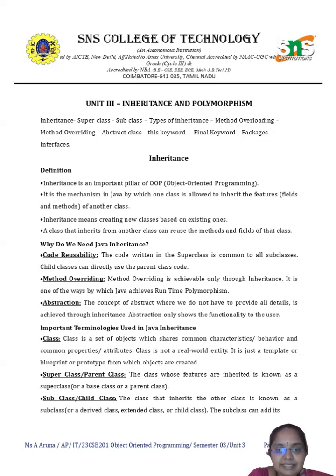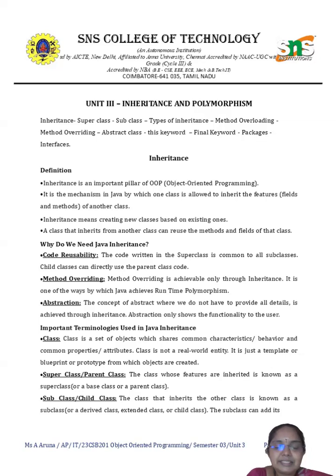Overriding is only achievable through inheritance, and it is one of the ways by which Java achieves runtime polymorphism. For achieving runtime polymorphism, we use overriding, because the same method can be overridden in my child class and sub-child classes.